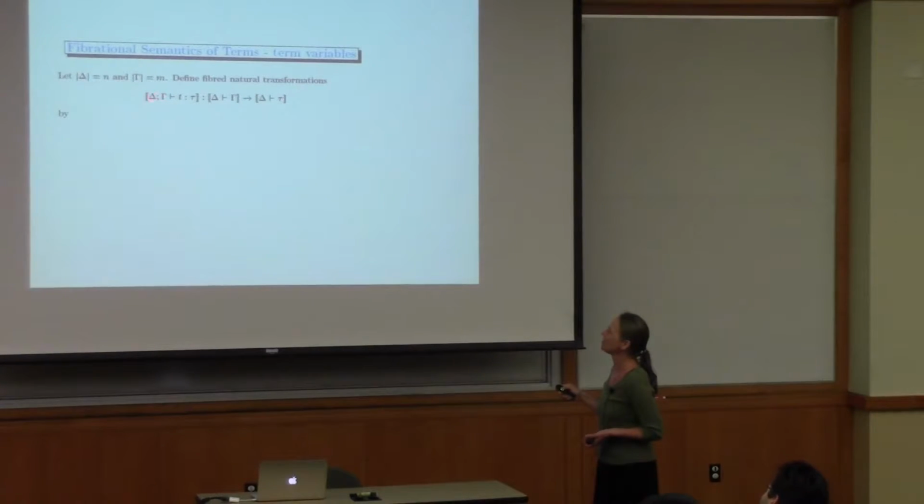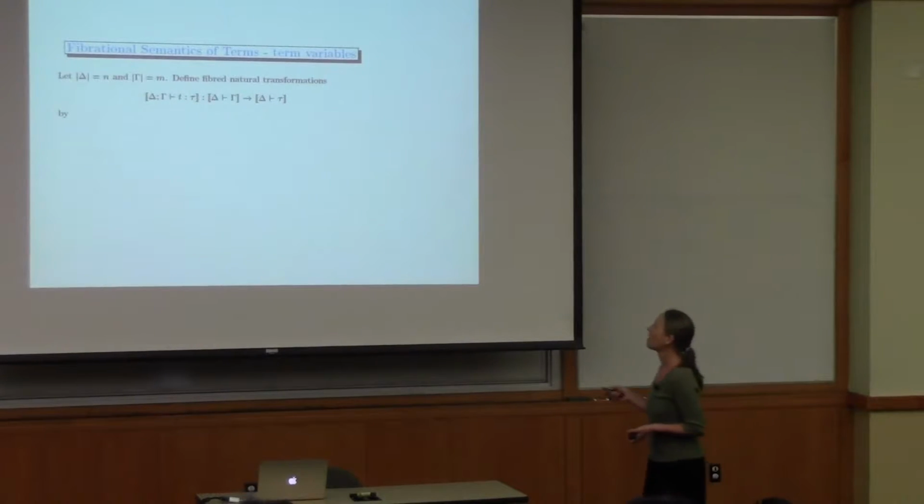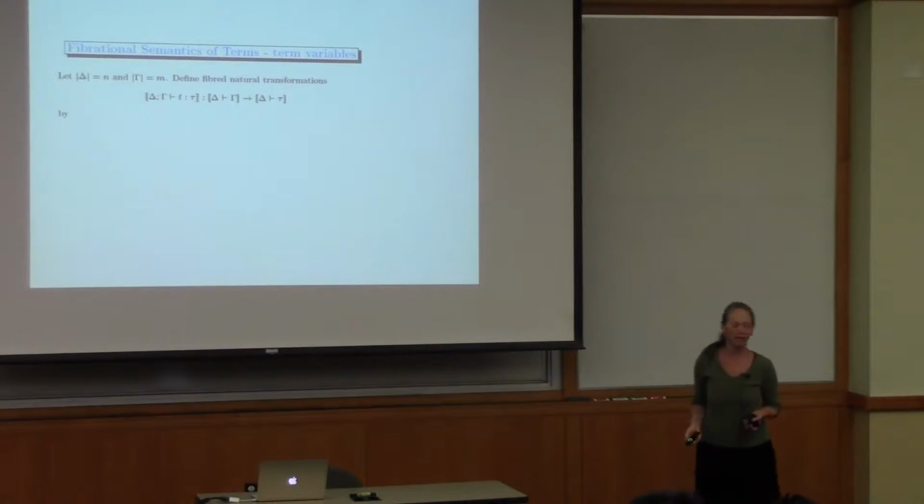Okay, so I want to interpret every term as a fibered natural transformation, and just as in Reynolds models, I want it to be a natural transformation between the interpretation of the term context and the interpretation of the type. Okay, so just like before.